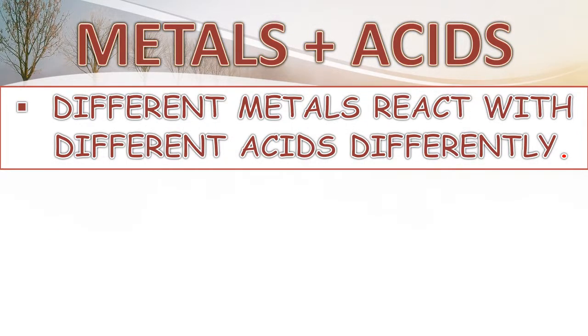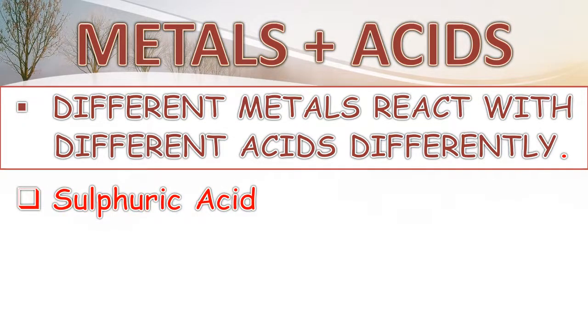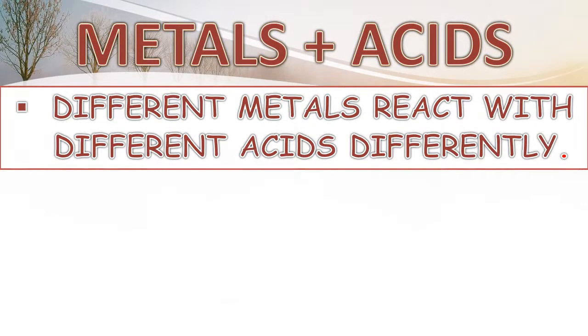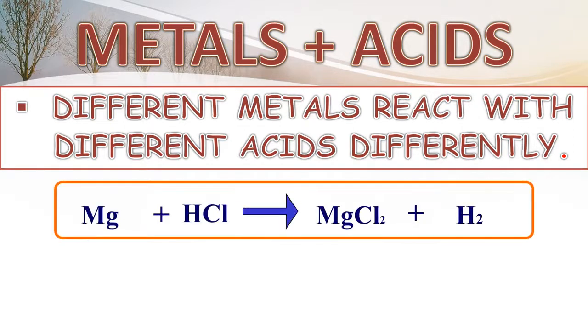Recall the names of some acids that we have studied in class 7th. Sulfuric acid, nitric acid, hydrochloric acid. Let us take some examples of metals reacting with acids. Magnesium.